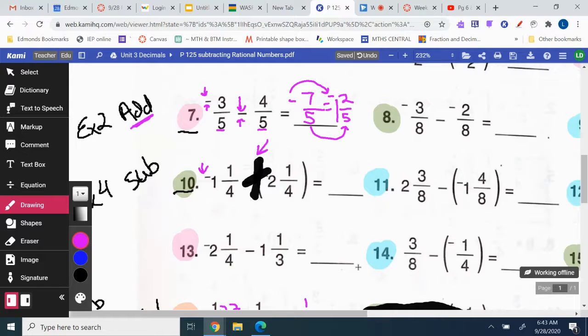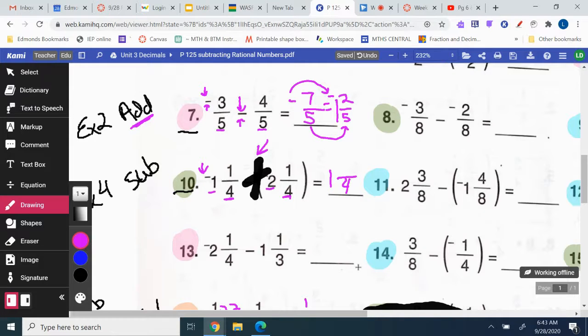So now I have to subtract these. Great. You guys are really good at subtraction. So I know I'm subtracting my whole numbers first, and that gives me 2 minus 1, which is 1. That's easy. My denominators are the same. Hooray! So I just bring that over.